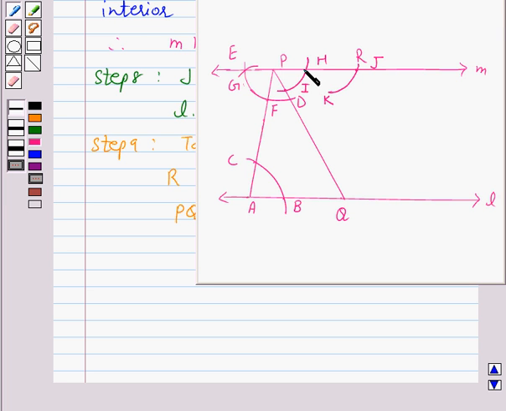Now place the pointed tip of the compass at H and adjust the opening so that the pencil tip is at I. Now with the same opening, take J as center and draw an arc cutting the arc JK at N.